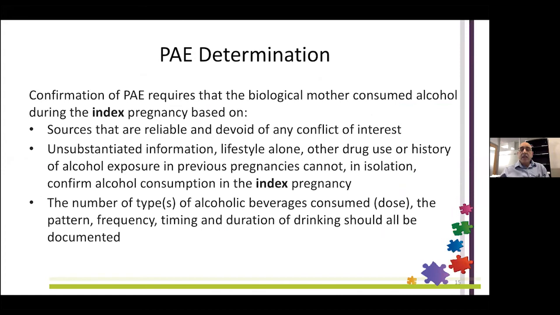Just because there has been previous history of substance use, lifestyle challenges, unsubstantiated information, or if there have been other children who've been diagnosed with FASD, does not necessarily confirm that there was alcohol consumption during this index pregnancy. So one has to be very careful, and that information is collected in a very sensitive fashion.